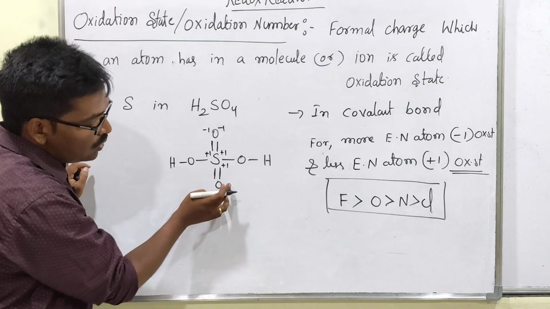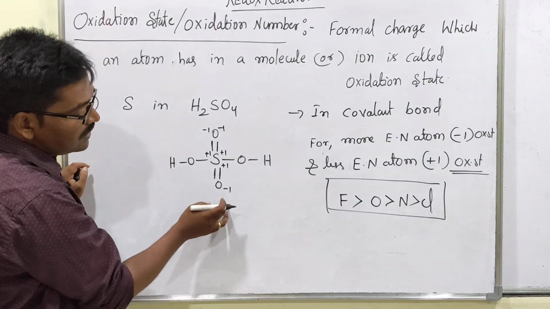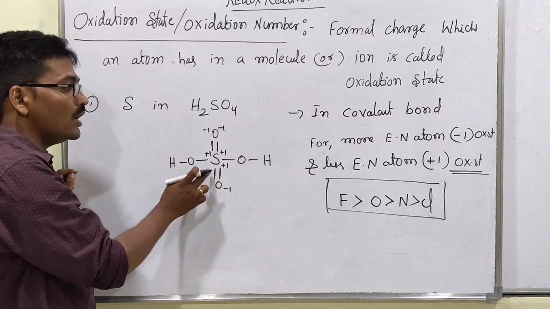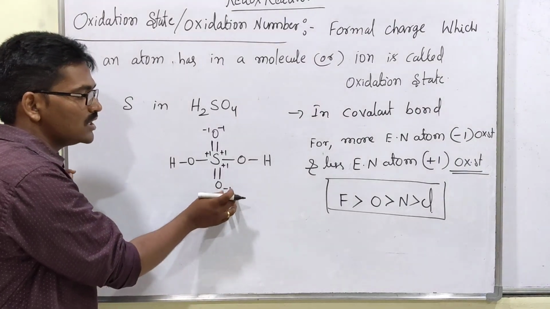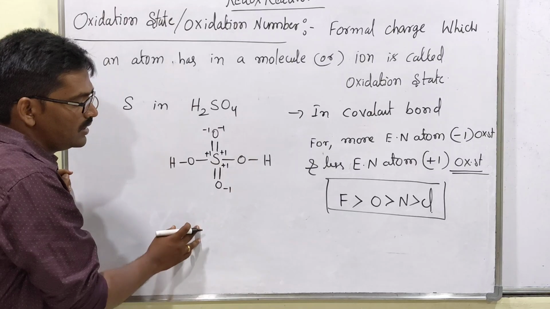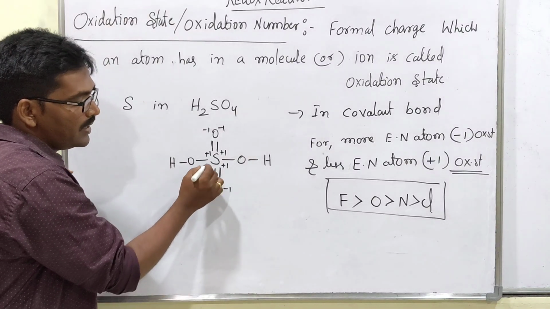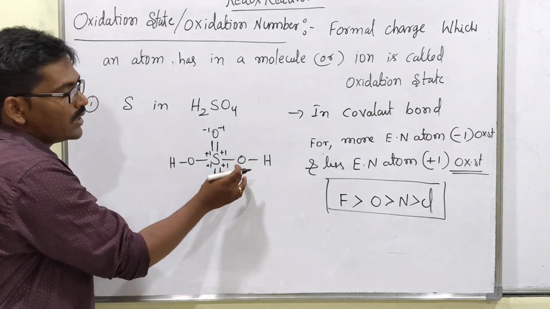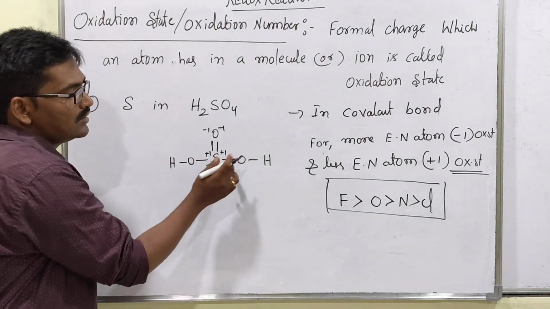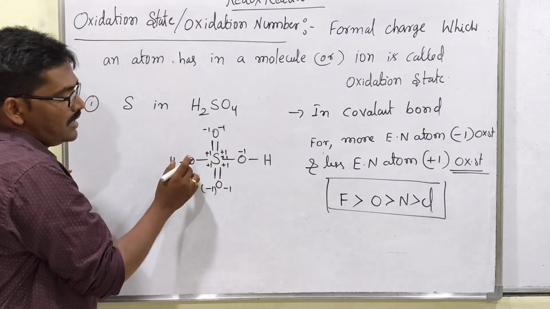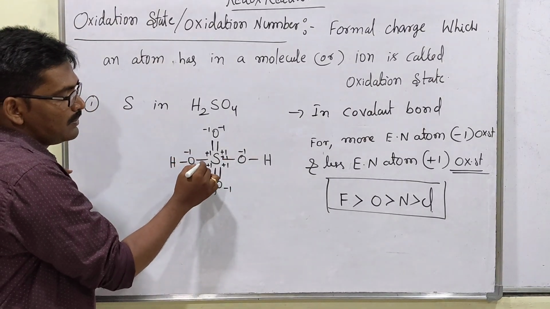Why? Oxygen is more electronegative than sulfur. Since oxygen is more electronegative than sulfur, we have to place the -1 oxidation state on it and the +1 oxidation state on sulfur. Again for this side bond, -1, then +1. So look at even here also sulfur and oxygen, then -1, then +1, then here -1, then +1.